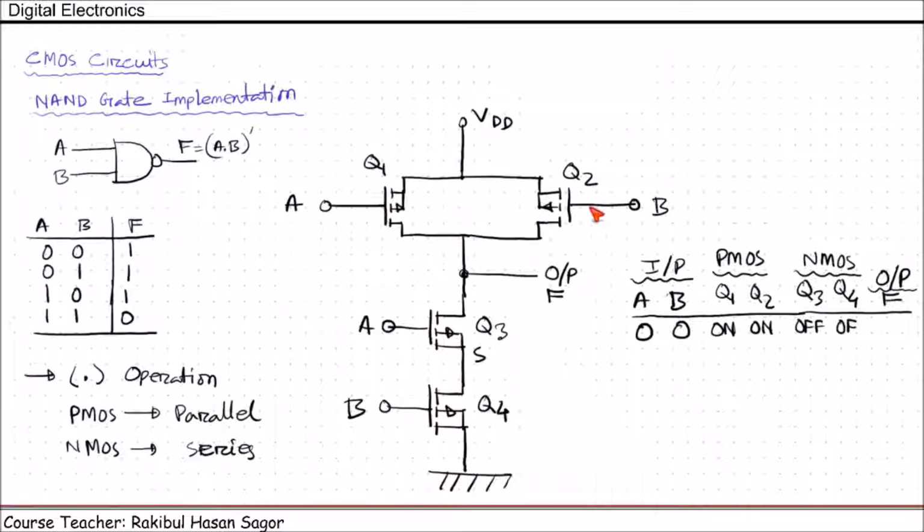So when they are on, these lines will be shorted and VDD will appear on the output side. The output voltage will be 5 volts, or VDD.